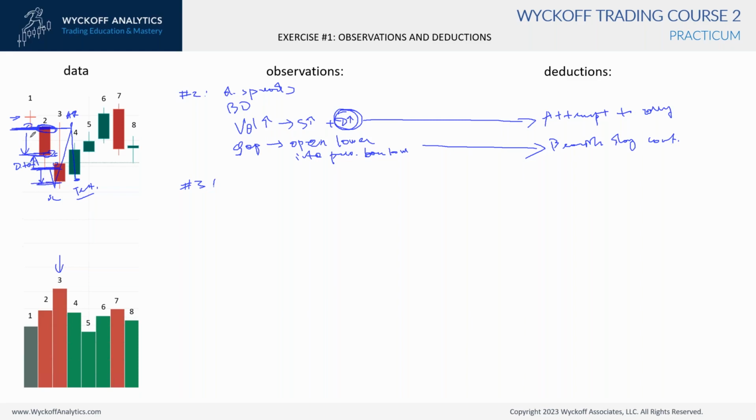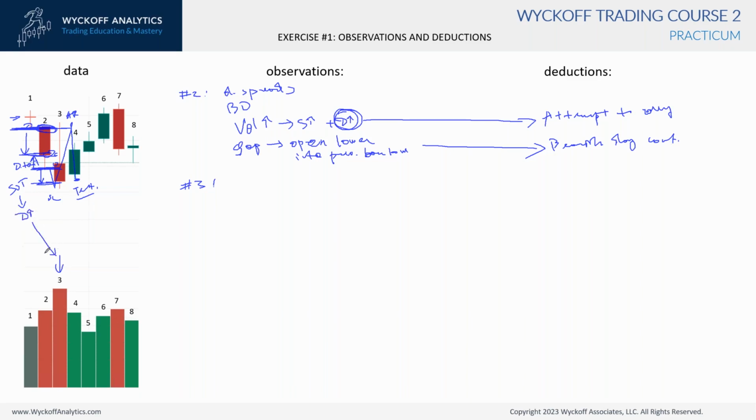What is happening with this result to the downside? Shortening of the thrust, correct. And shortening of the thrust usually will be associated with the emergence of what? Demand in this case, or we would say opposing force, in this case, demand, right?